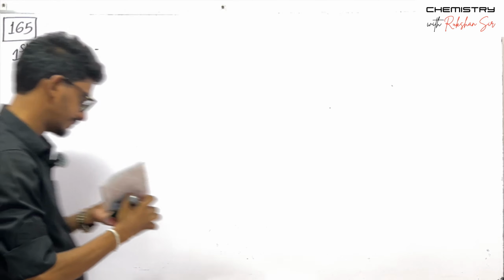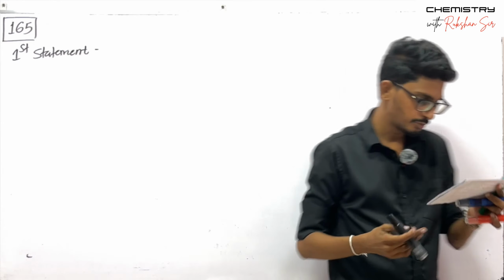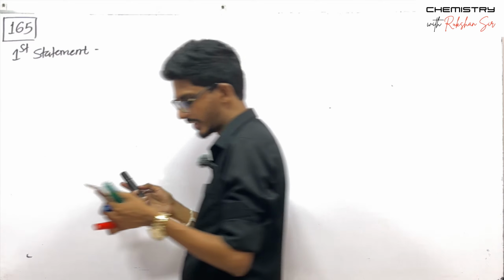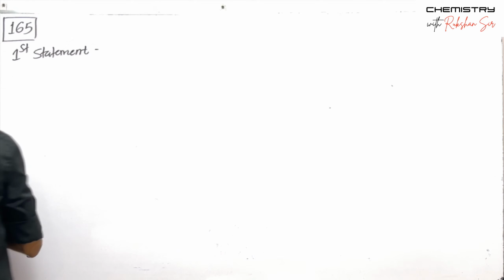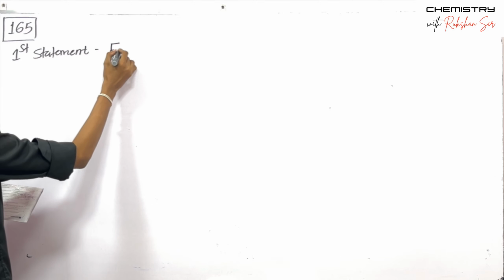See what it says. SO2 cannot be used to identify copper plus 1 and copper plus 2. So that is false, no? That is false. Last day also we had discussed this thing.